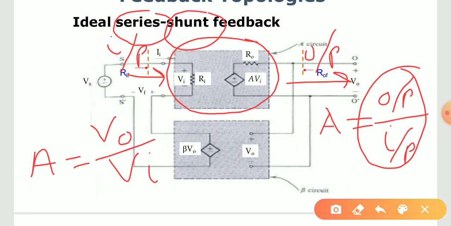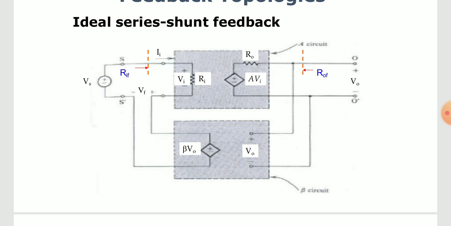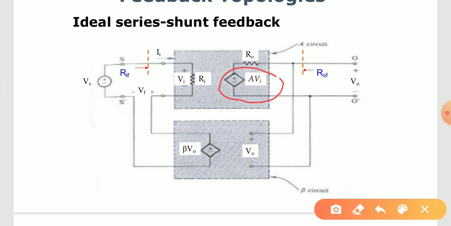So you just write the equation this way: A equals V0 by V of I. From here you can write V0 is equal to A into Vi, and for this reason the induced voltage is written as A into Vi, and the internal output side impedance is provided in the form of R of 0.